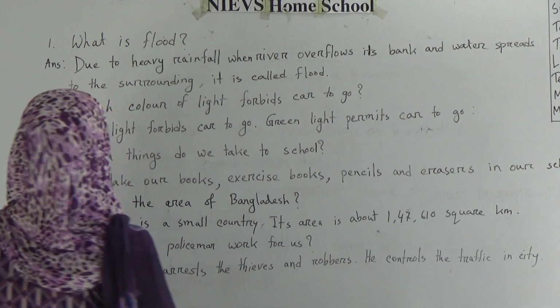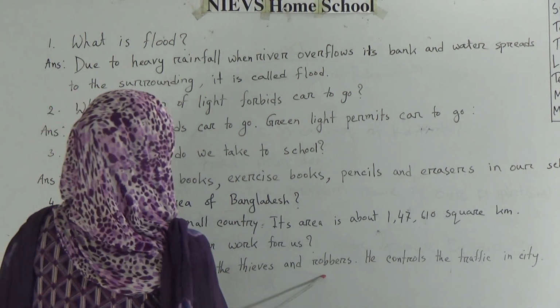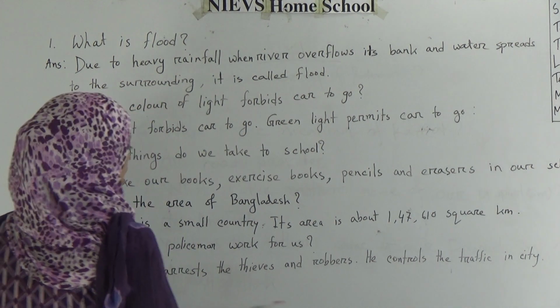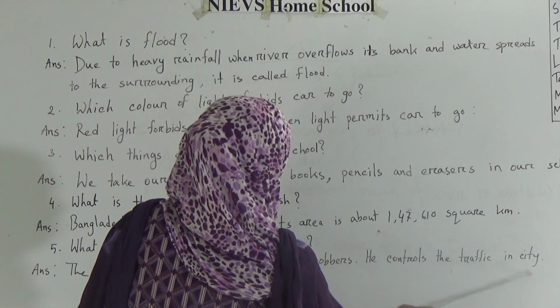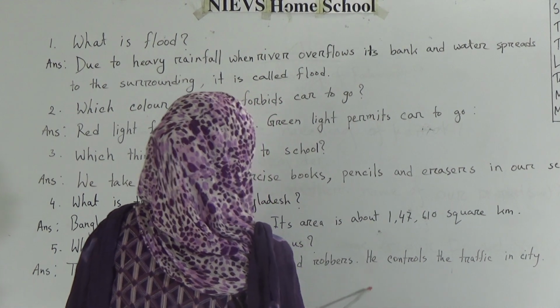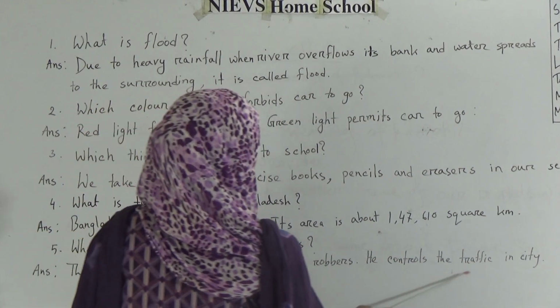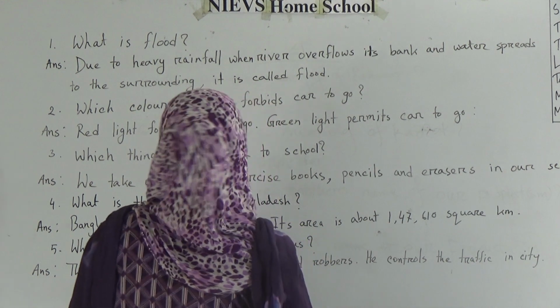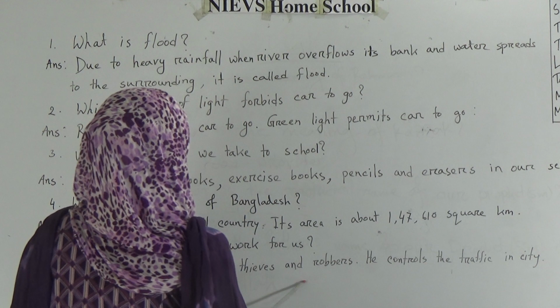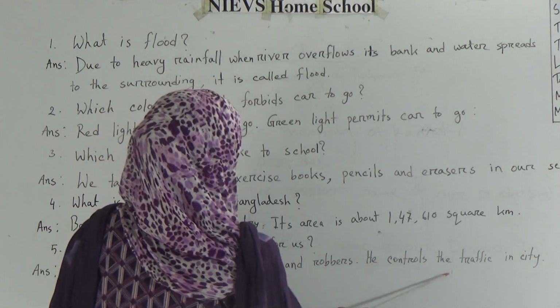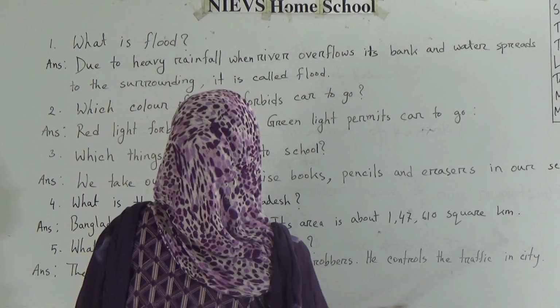They arrest the thieves and robbers in our society and they also control the traffic in the city. You can see on the road some policemen control the traffic system in our city. So our answer will be, the policeman arrests the thieves and robbers. He controls the traffic in the city.